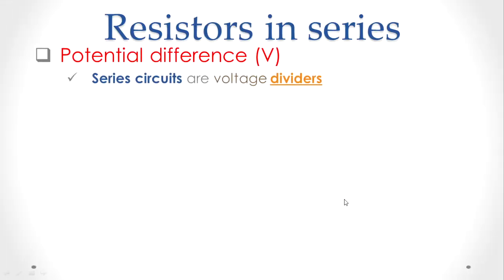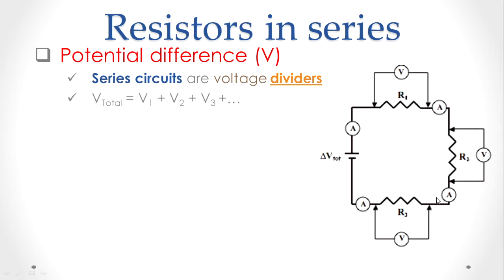Now, having a look at potential difference in the series connection, series circuits are voltage dividers. So current isn't divided in series, but the voltage potential difference is. So when we have the circuit over here, for example, and we had to measure the voltage across each resistor, the voltage won't necessarily be the same unless all those resistors are equal in their resistance.